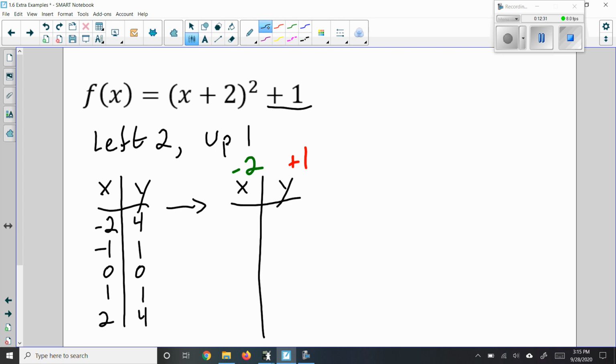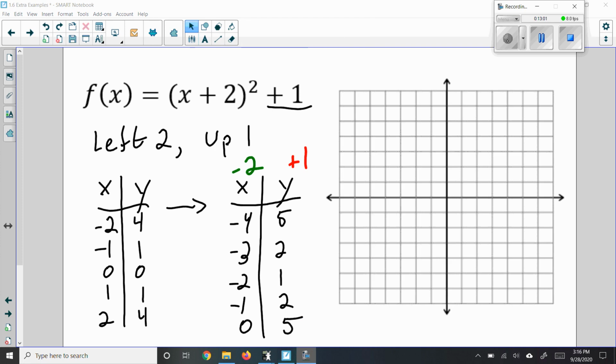So if I subtract 2 from all of these x's, negative 2 minus 2 is minus 4. Negative 1 minus 2 is negative 3. Negative 2, negative 1, and 0. Now let's add 1 to all of these. 5, 2, 1, 2, 5.